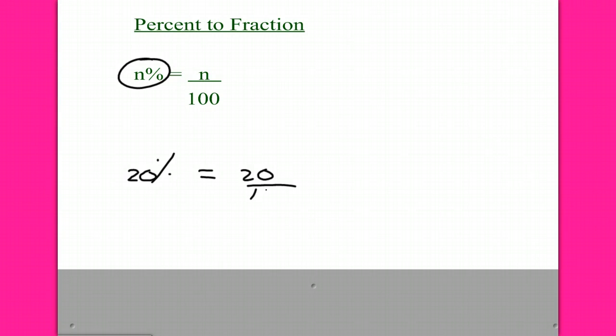And now notice we've also lost the percent sign, right? You don't need a percent sign here. And then what would we do with a fraction that's 20 over 100? We would simplify. So we can first of all divide top and bottom by 10, right? Both of them, and you have 2/10. But we could take that further, and 2/10 equals? 1/5. Good, we would divide each of these by 2 and get 1/5.